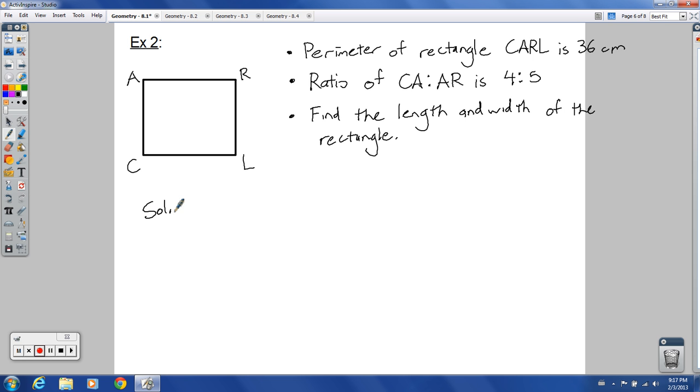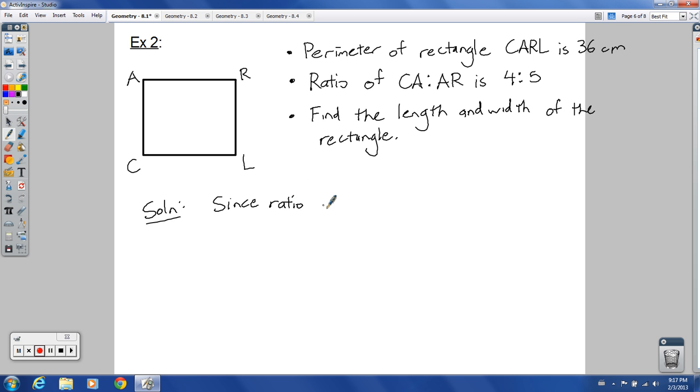And then this one I'll put S-O-L-N for solution, and write some things here to describe why the answer is what it is. So write this stuff down for me.